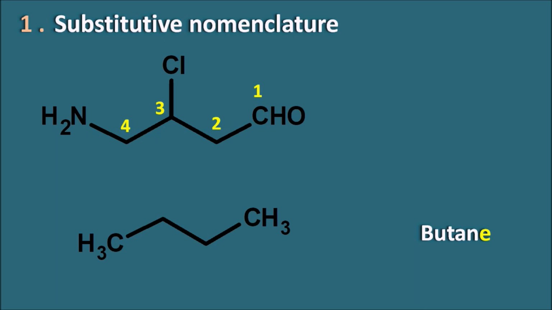So here we have to replace the E of the butane with a suffix -al so that the compound name becomes butanal. So now this compound is a butanal derivative having the side chains which are indicated by the prefixes. So substitutive nomenclature uses suffixes as well as prefixes in order to give the name for the given compound.